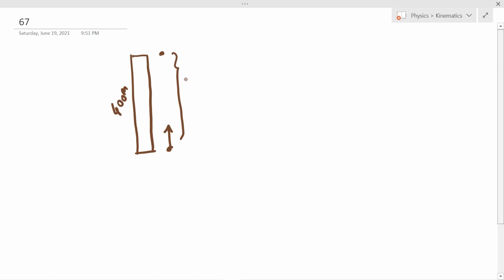So this is the maximum height, and that maximum height is 400 meter, and it is thrown, let's say, with a velocity 20 meter per second. Now in how much time, this question is similar to the previous. Let's make some change in this.